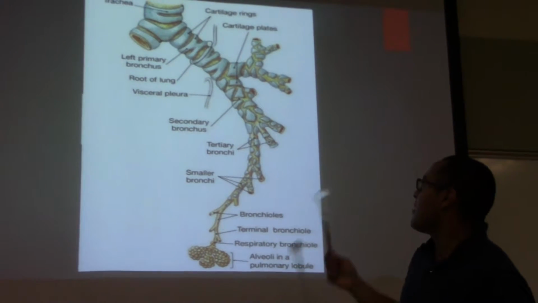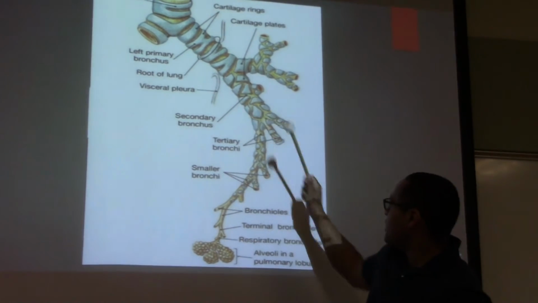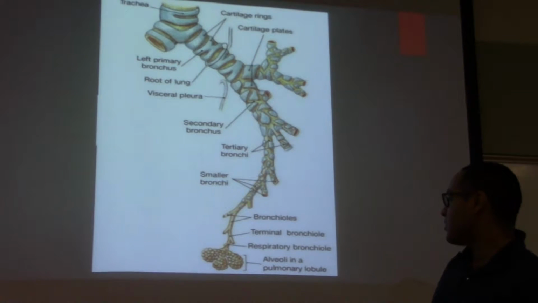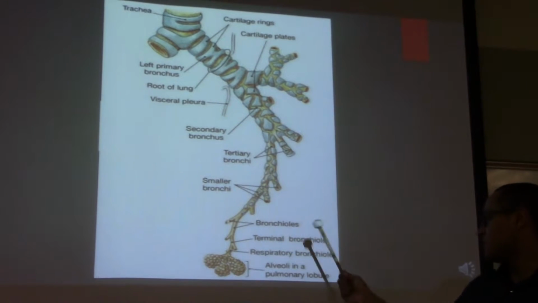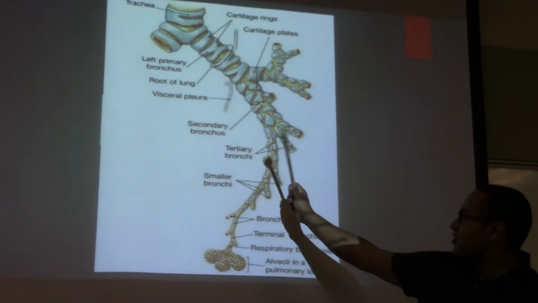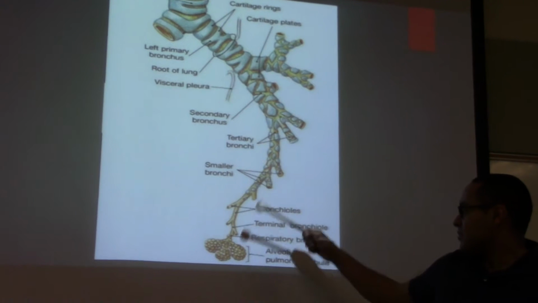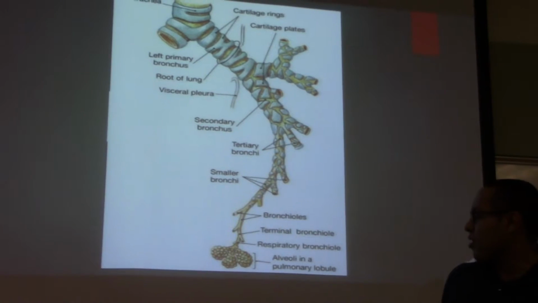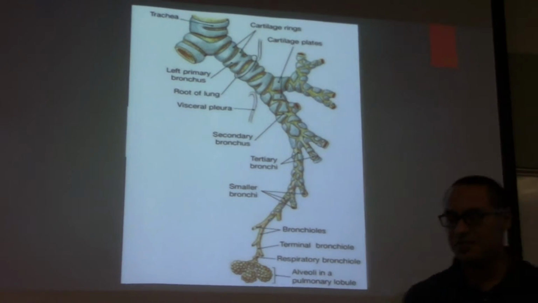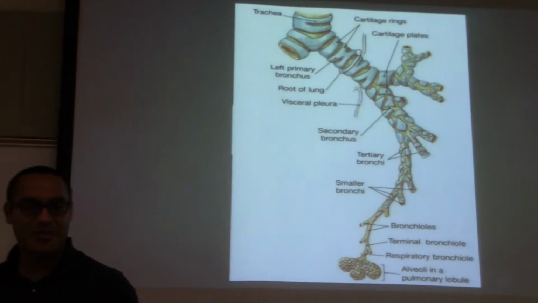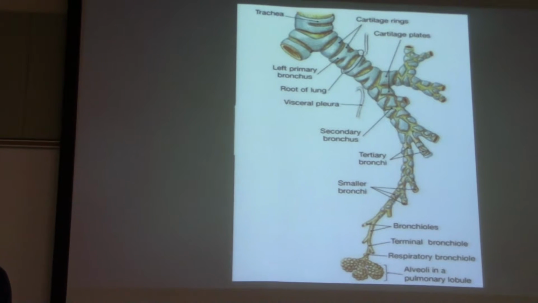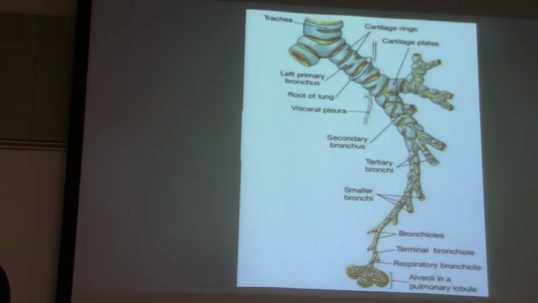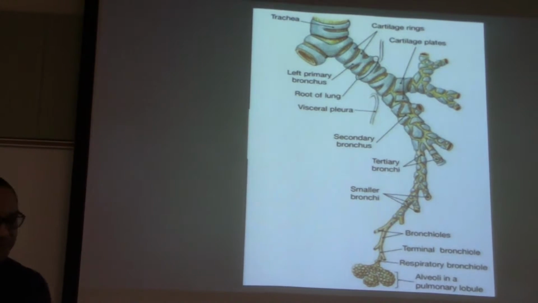If you want, you can memorize the names of these regions, but what's important is this part here. The tertiary branch terminates, the bronchioles stem from there, and the alveoli stem from there, a smaller structure. Hope that's clear. It just breaks down to smaller structures.